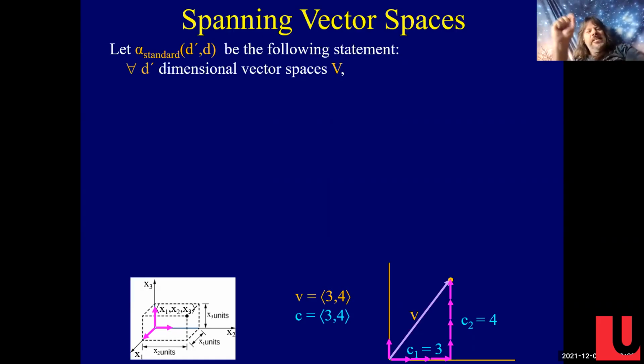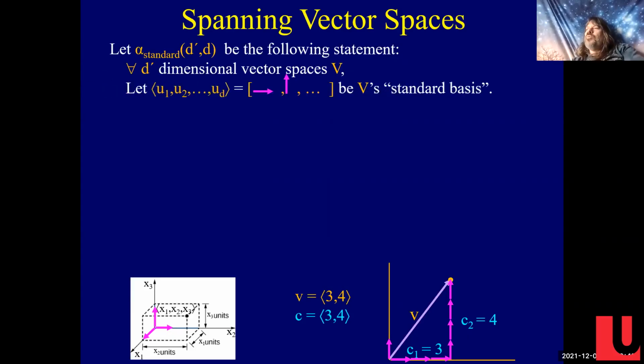It's sort of D degrees of freedom, but let's wave over that. And so you give me any vector space and its standard basis. So here's a standard basis for this. I guess that should be a D prime here.